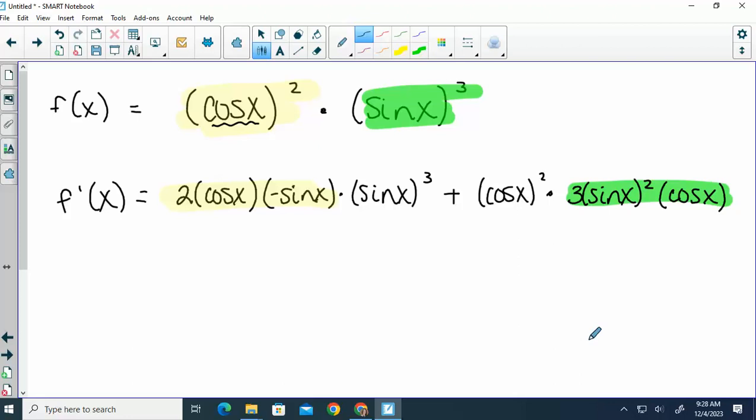Make sure you review those derivatives of trig functions. So if we multiply, we have a negative 2 cosine times sine cubed. It's just cosine sine to the 4th. Here we have a 3. Cosine squared times cosine is cosine cubed, and a sine squared.